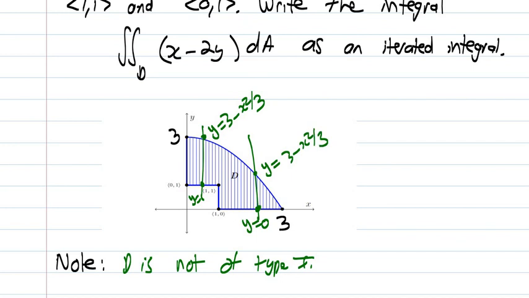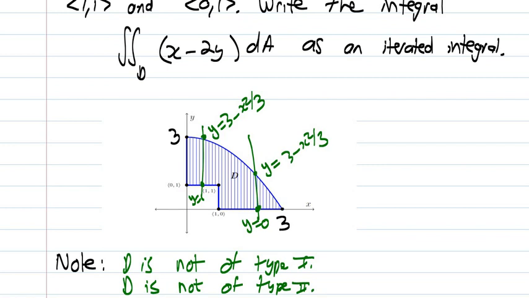So depending on where you slice it, the starting value could be either y equals 0 or y equals 1. So D is not of type 1. Likewise, I'm leaving it for you to check that D is not of type 2. So we cannot write D as a single iterated integral. We have to write this as a sum of iterated integrals.